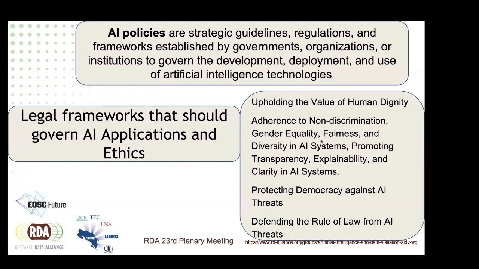So the legal framework that should govern most of our AI applications and ethics should be built around upholding the value of human dignity, adherence to non-discrimination, gender equality, fairness, diversity in AI systems, promoting transparency, which is very important, explainability, and clarity in our AI systems, and also protecting democracy against AI threats, which is one of the things most people are afraid of, that AI is coming to take over our jobs.